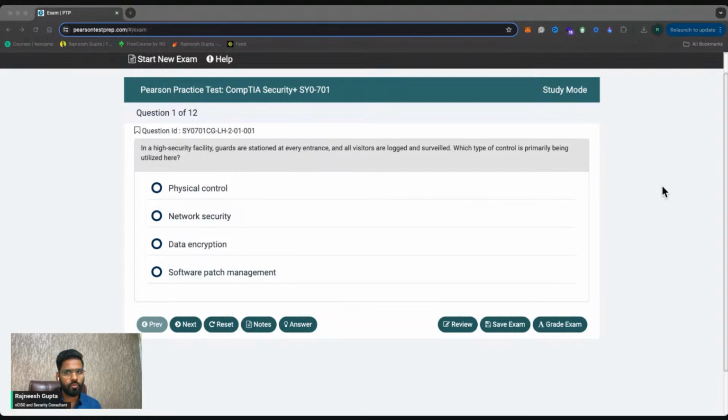I'll go through all the questions one by one. Every day we'll cover one module. There are around 20-25 modules in this Pearson test exam, so we'll cover a few of the questions in detail.